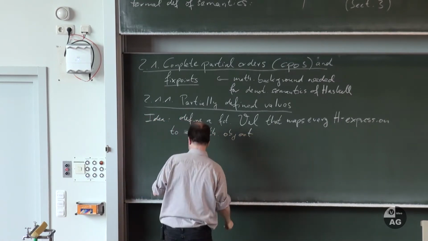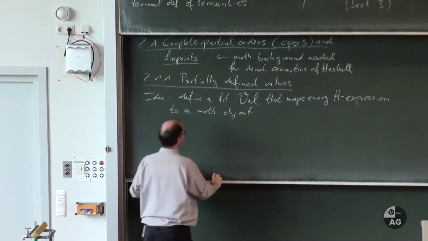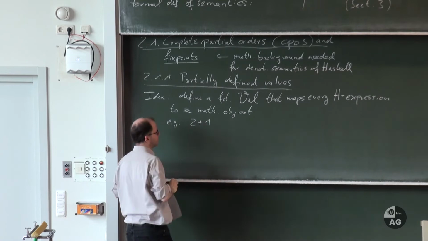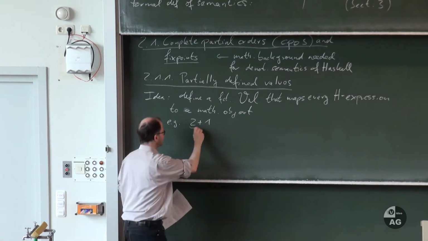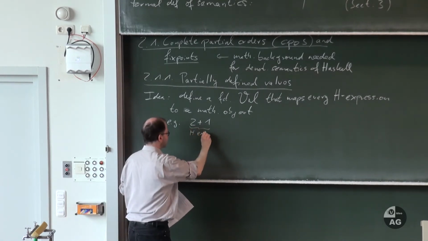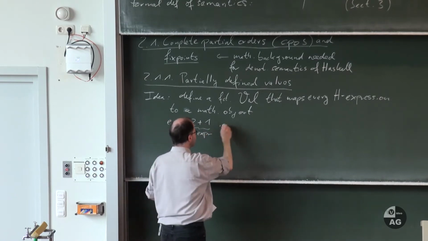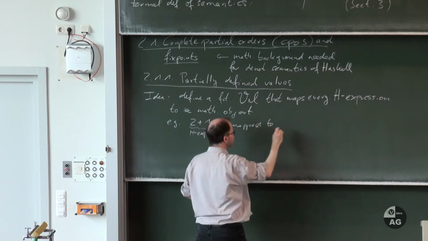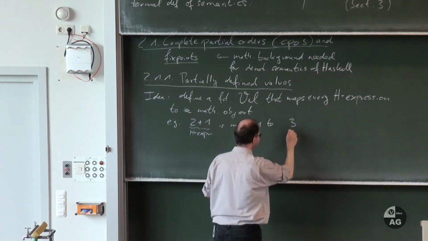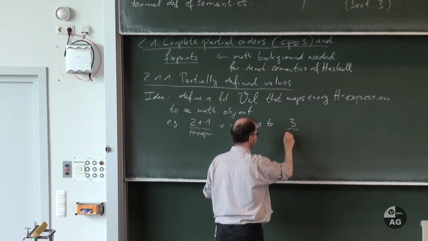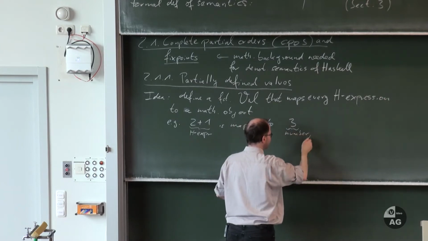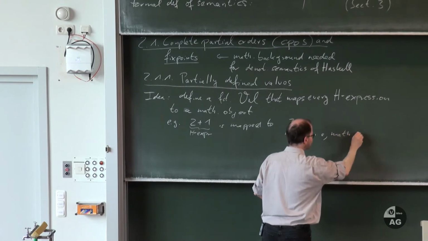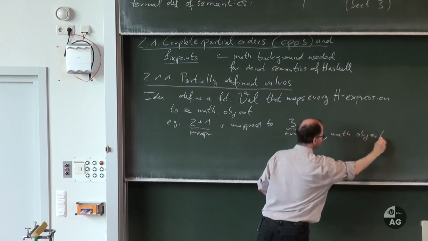And so, for example, as I said, 2 plus 1, this is the Haskell expression, is mapped to a mathematical object, namely to the mathematical object 3. So this is a number. So in other words, this is a mathematical object. So this is rather clear what to do here.